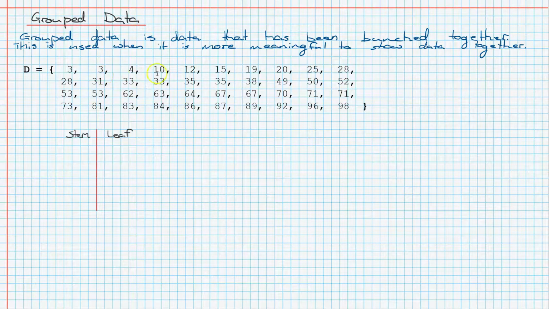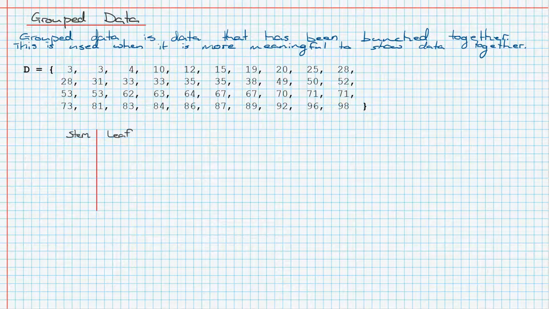Another note to point out on this data is notice that it's ordered from lowest to highest, so it's in ascending order. In the stem column, I'm going to represent the most significant figure in all of these numbers, and then in the leaf I'm going to represent the least significant.